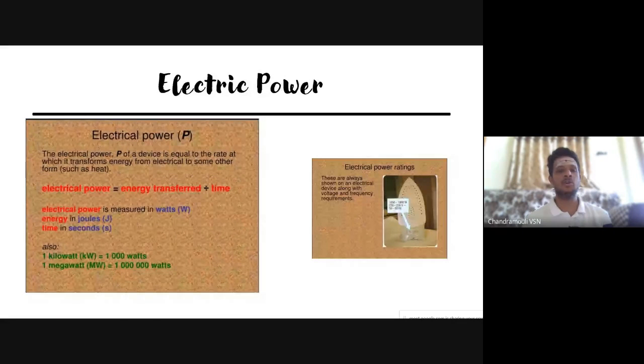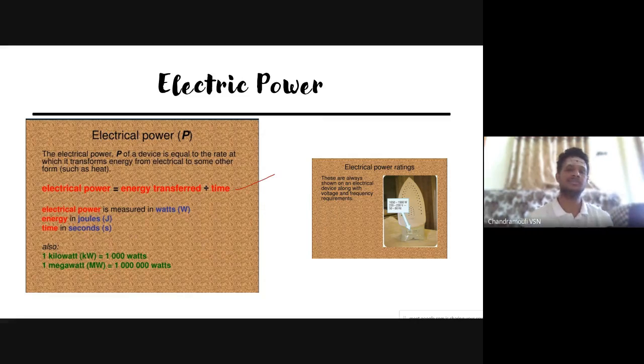Work by time is called what? Power. The rate of doing work is called power. So the rate of doing electric work is called electric power. The electric power formula is work by time, or energy transferred by time.